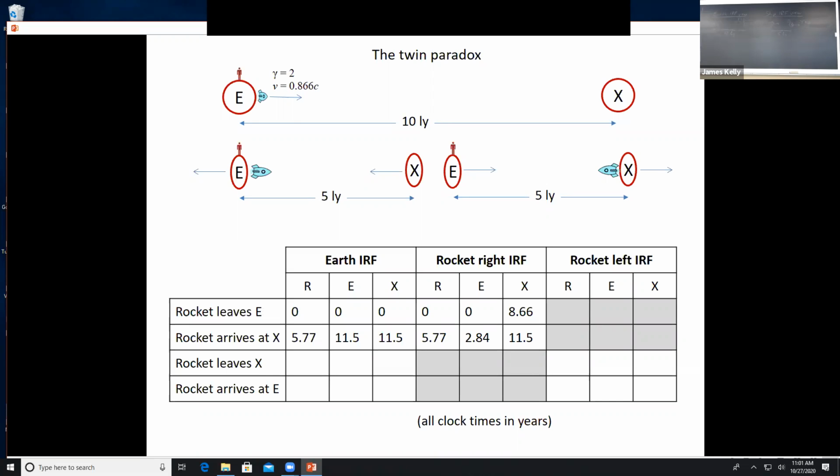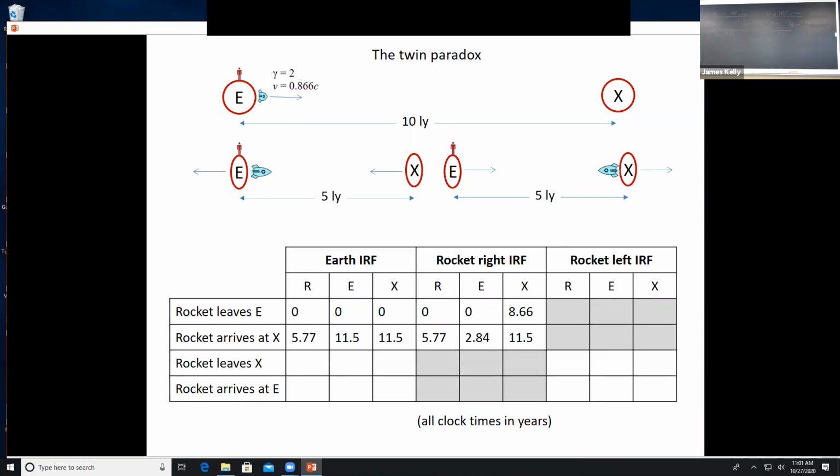If we use distance equals speed times time from Earth, I may be doing it a different way in my solutions here. Yeah. If we use distance equals speed times time, the distance they go is 10 light years at 0.866 c times t, and we can solve for the time that's elapsed on Earth.